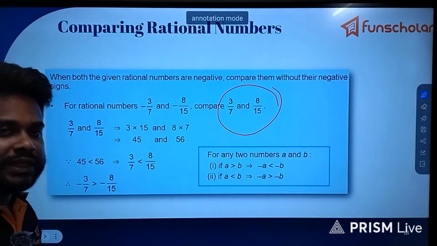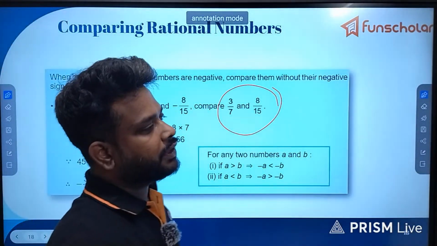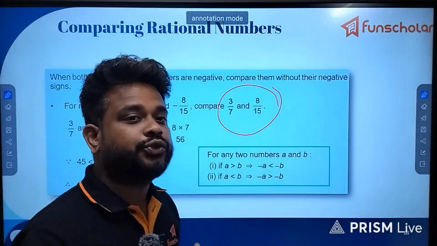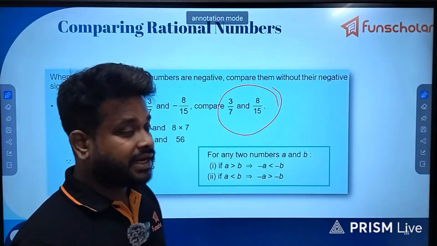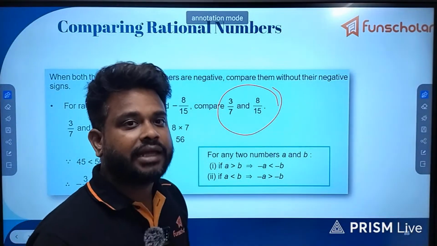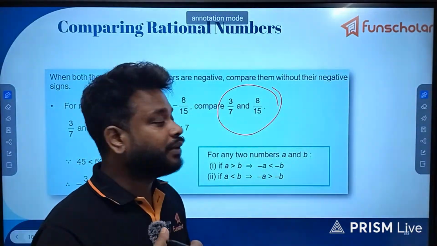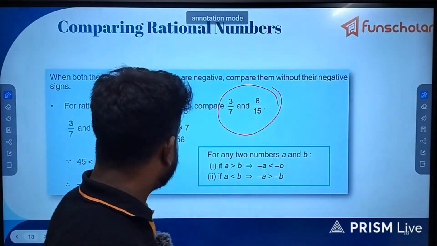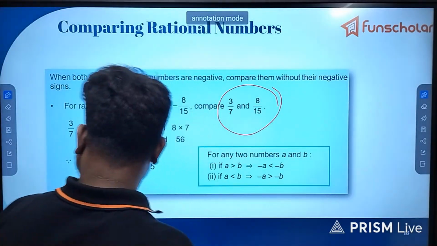So for this case, if you want to find which negative rational number is bigger and which is smaller, and both of them are negative, you have to multiply them diagonally, and the bigger number will be less. The bigger the number, the smaller the fraction will be. Okay, so we just have to flip the signs in the next case.